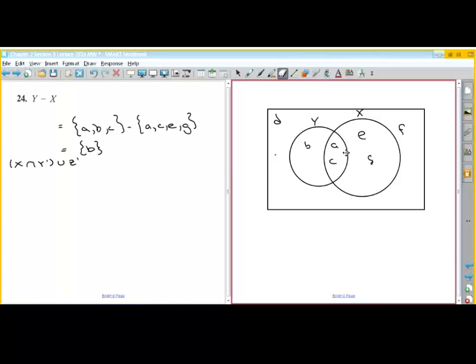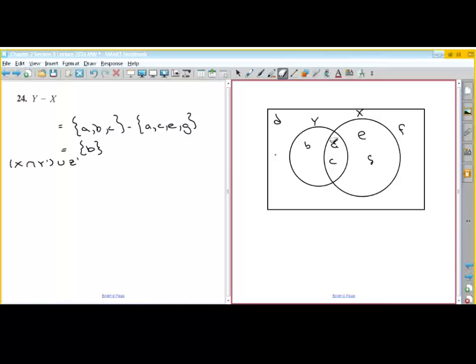Set Y consists of the letters A, B, and C. Set X consists of the letters A, C, E, and G. A and C are both in sets X and Y, so we have this overlap. And D and F are not in either set X or Y. Now the set Z, which I haven't included in here, we're not worried about that right now.